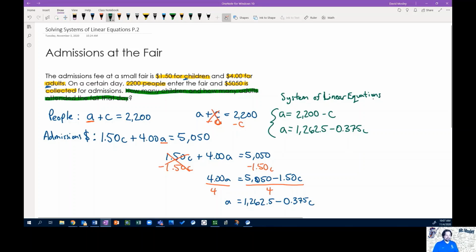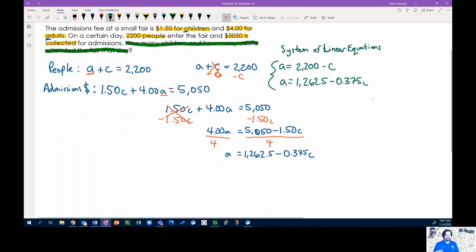So now we need to solve these. One way to do this is to set the two equations equal to each other. They both equal A, so I can set 2200 minus C equal to 1262.5 minus 0.375C. That's what I'm going to do.